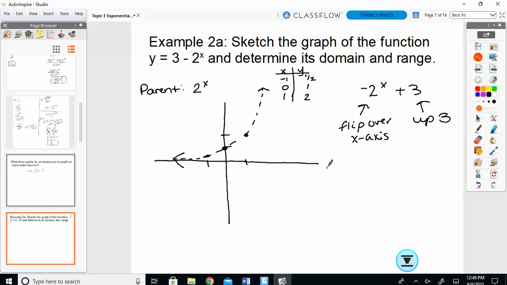My asymptote is currently on the x-axis. Where will the asymptote end up? I currently have a horizontal asymptote right here. Oh, it'll be at 3. We're going up 3, so it will move that asymptote up 3.